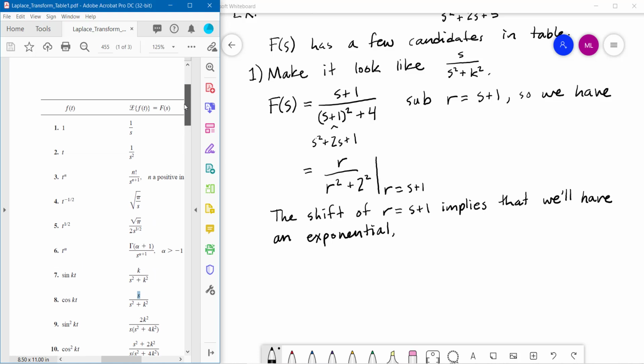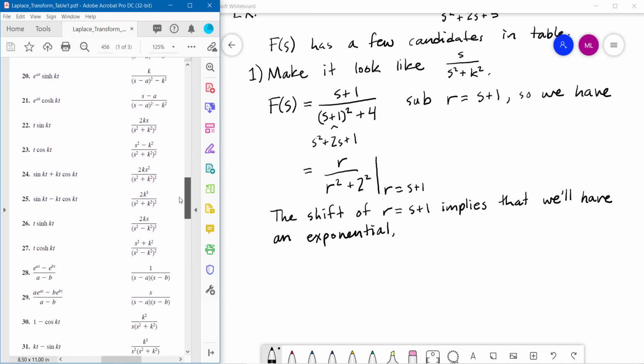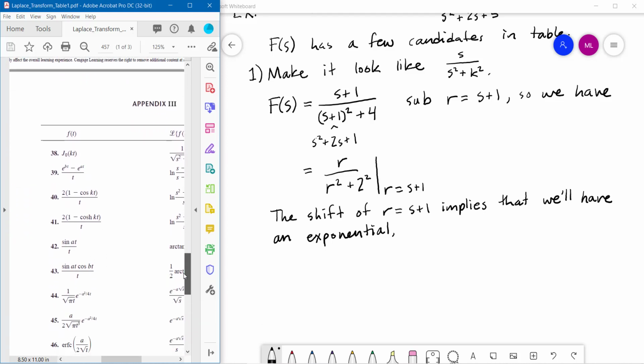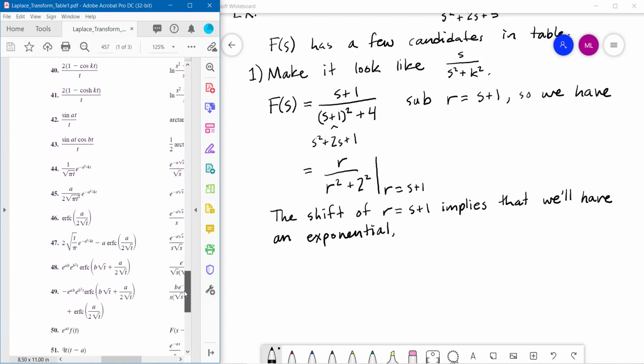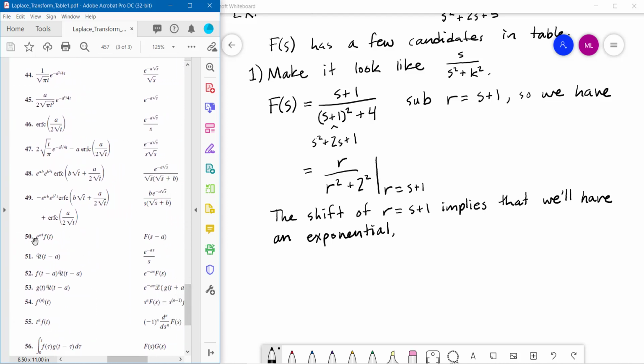Well, if I go through the table down here, where is it? Here we go. Right here, line 50.